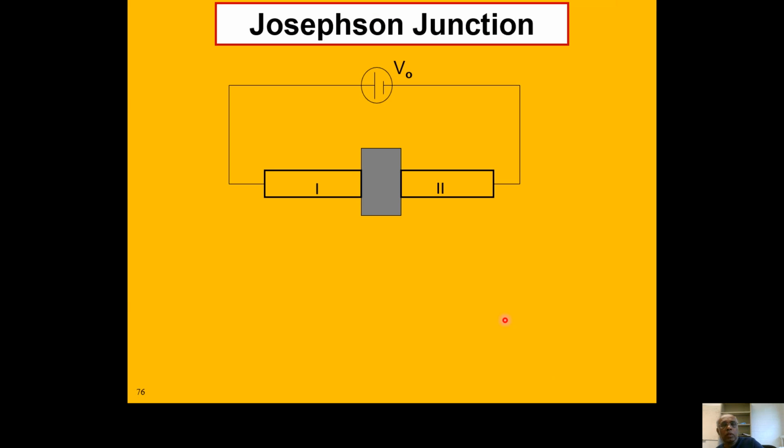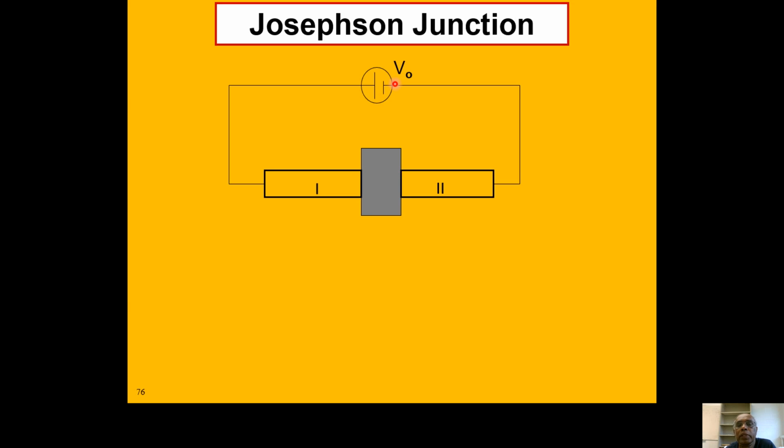Okay, so next, actually, I can quickly finish this one. Next, we want to talk about the Josephson junction. So the Josephson junction is basically if I have one superconductor, superconductor 1 and superconductor 2, separated by a barrier. So it's some weak link between the two superconductors.